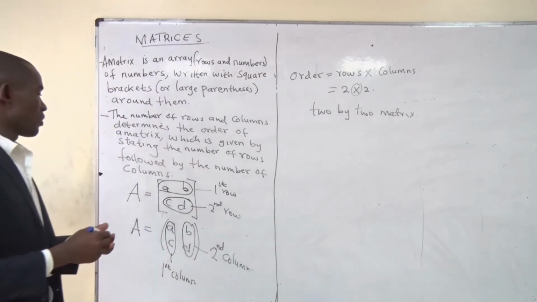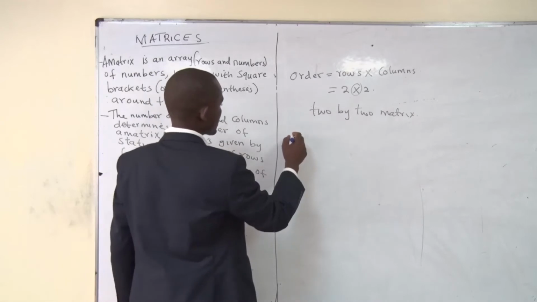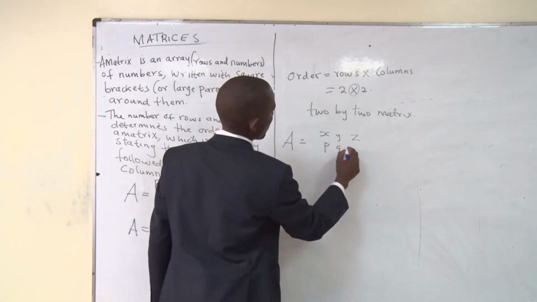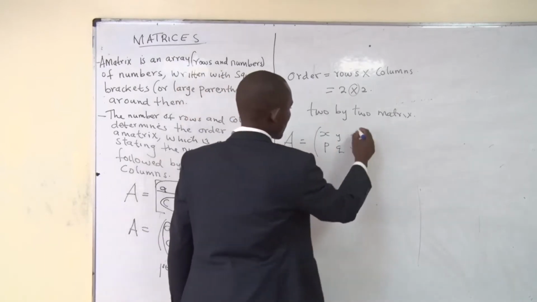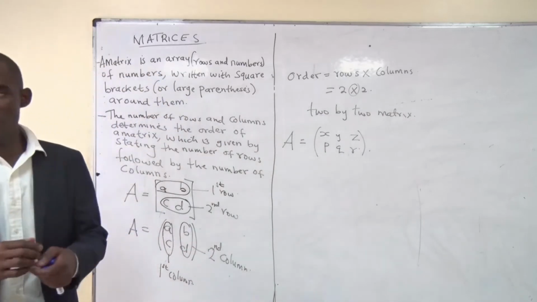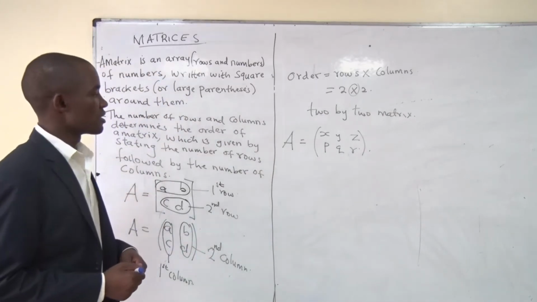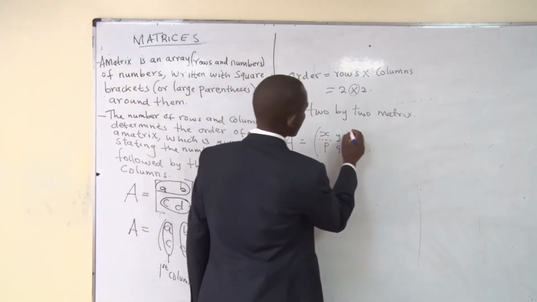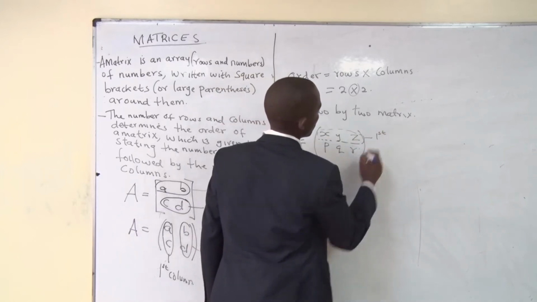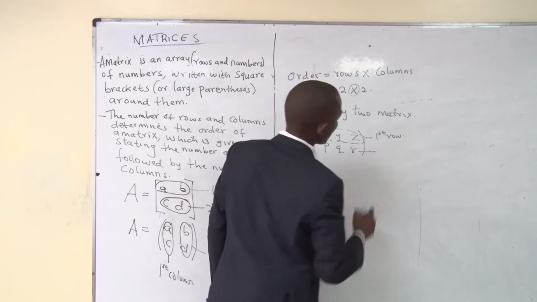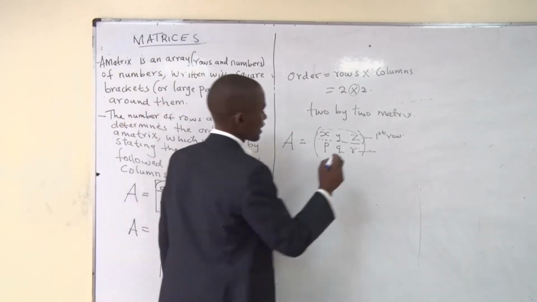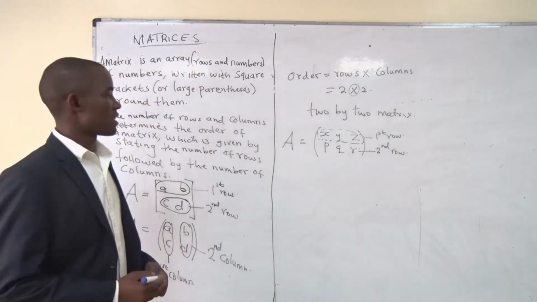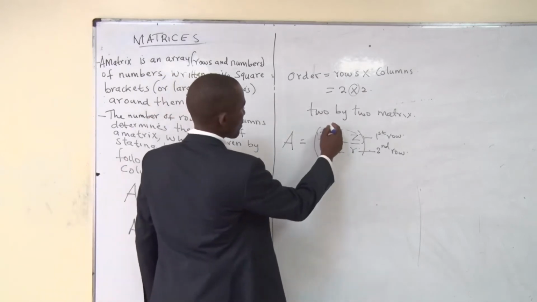We can take another example. For instance, if you are told a matrix A is equal to X, Y, Z, P, Q, R, what will be the order of that matrix? The first thing you need to do is to identify the number of rows. This is our first row, and this is going to be our second row. After you have identified the number of rows, you can also count the number of columns.